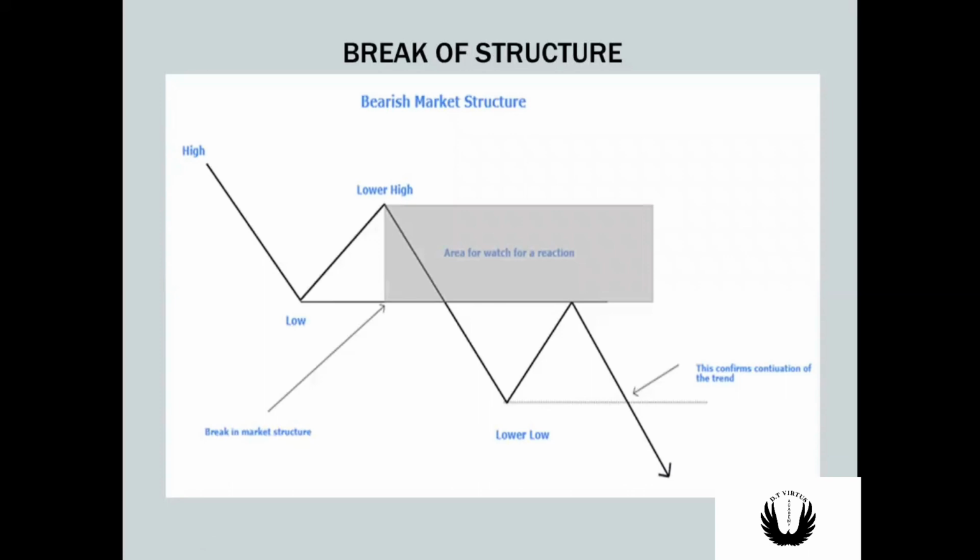Now, break of structure is when we are mitigating, we are still following the trend. For example, we have a high here, we have a low. For a bearish market, the market will go up to create a lower high, then come down to create a lower low, go up to create a lower high, and come down to create a lower low.